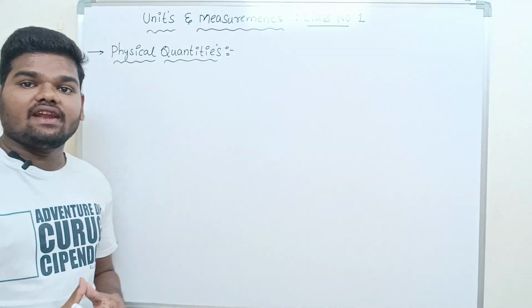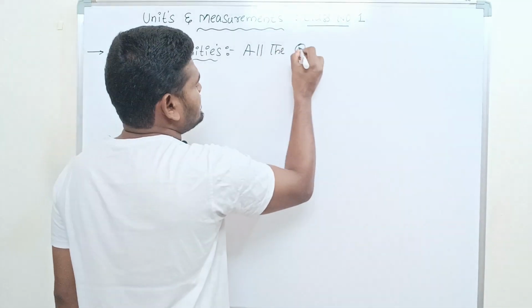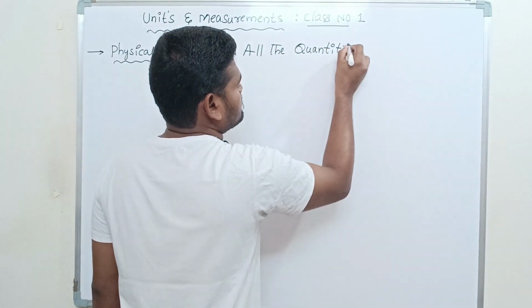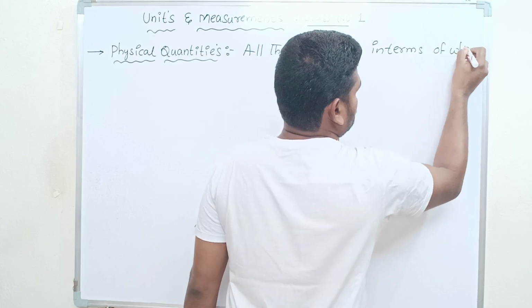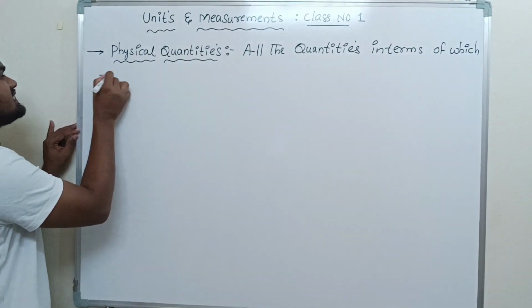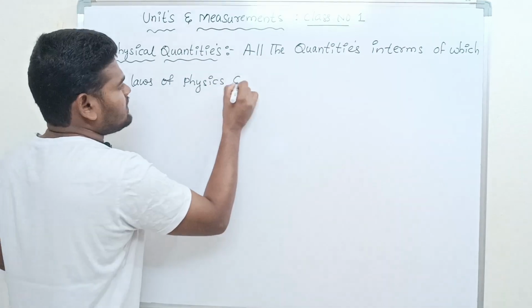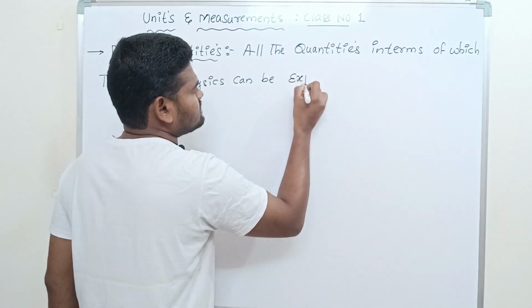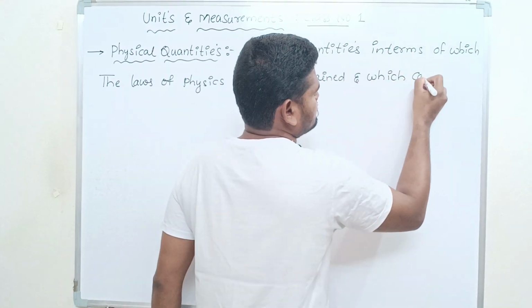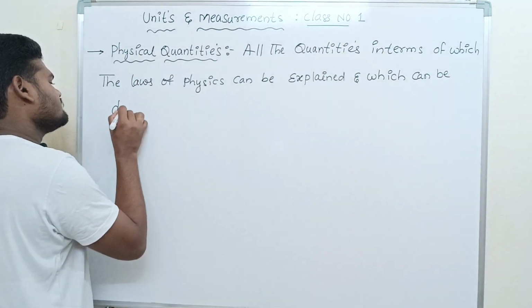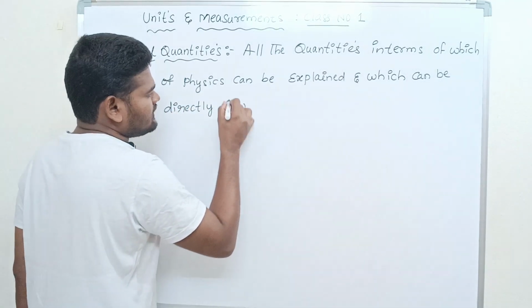So what is the meaning of physical quantities? Physical quantities means all the quantities in terms of which the laws of physics can be explained, and which can be derived directly or indirectly.